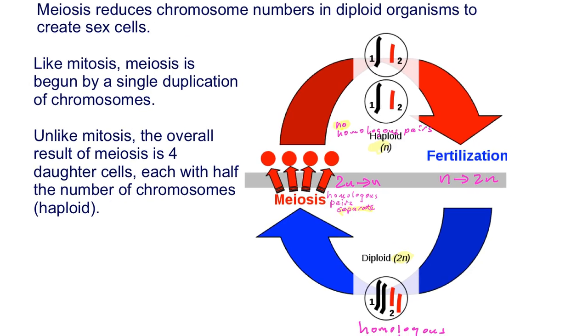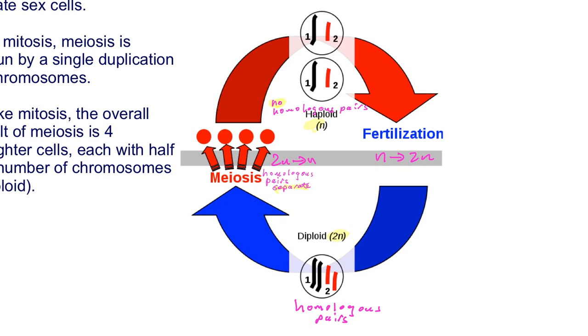So this is a nice little diagram showing the life cycle of animals, and many plants too. So we start with a germ cell, let's say. Those are in our testes. Okay, the germ cell is 2N.